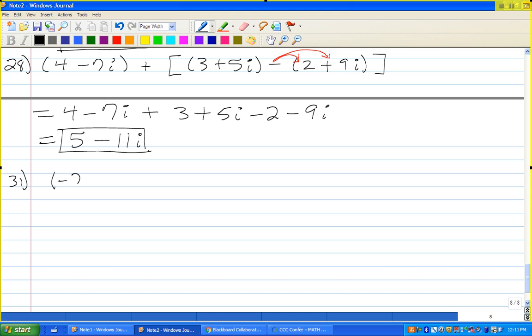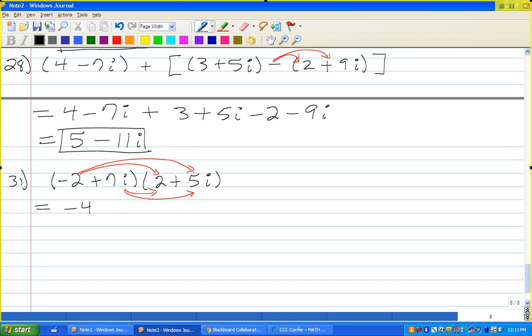Negative 2 plus 7i times 2 plus 5i. And so let's multiply using the distributive property. And so I get negative 2 times 2 is a negative 4.